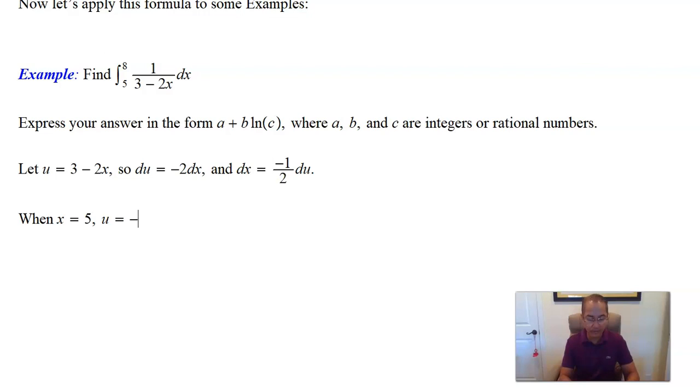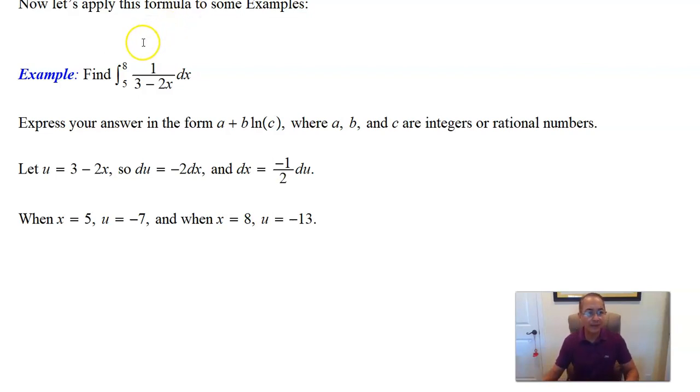Oh no, it's negative 7. Ooh, I'm a little worried there. And when x equals 8, u must be 3 minus 16, negative 13. Ooh, they're both negatives. Okay, I'm definitely worried.